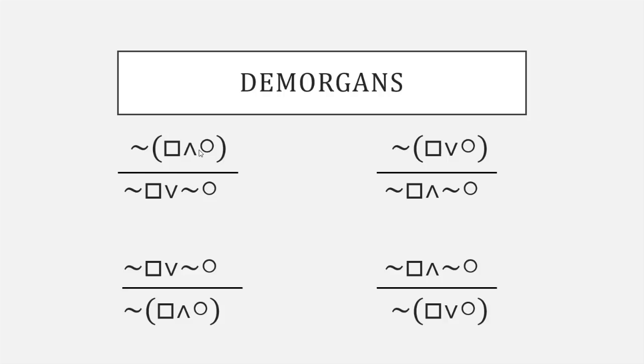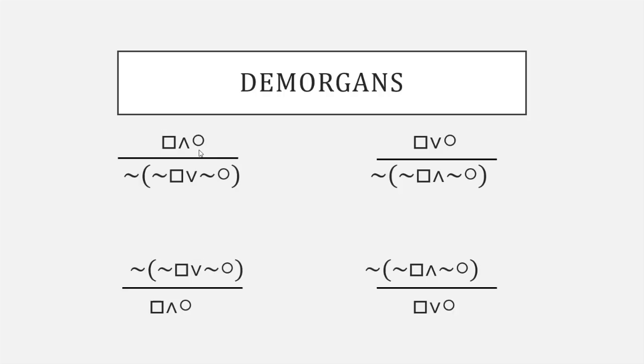OK, but here are another 4 versions of De Morgan's. These are all called De Morgan's. So if you have square and circle, then you can get it's not the case that not square or not circle. And if you have square or circle, you can get it's not the case that not square and not circle.